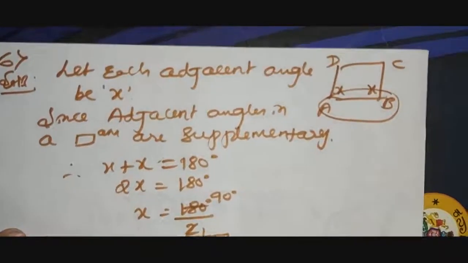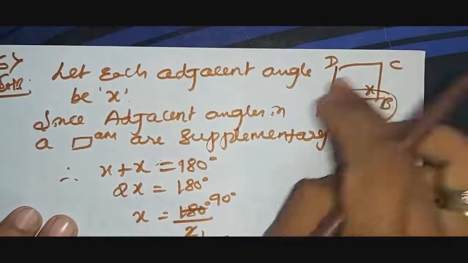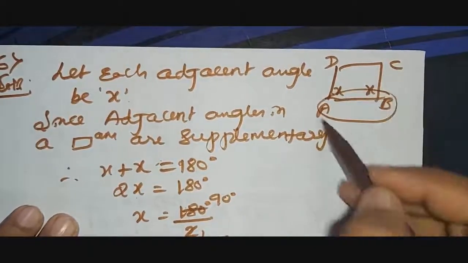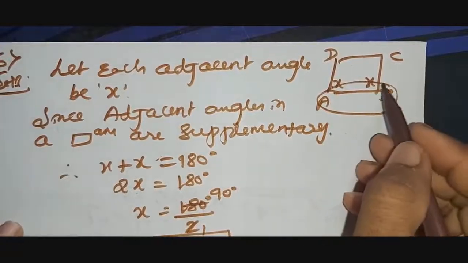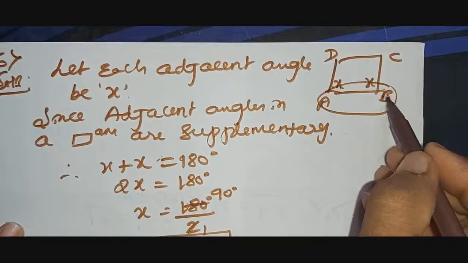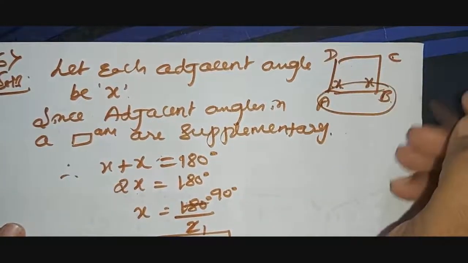See here, how many adjacent angles have they asked here? Two adjacent angles of a parallelogram are equal in measure. So find the measure of the angles of a parallelogram. In a parallelogram, opposite angles are equal. If x is equal to 90 degrees, then the adjacent angles will be 90 degrees. Angle A is 90 degrees, B also 90 degrees, even C also 90 degrees, because opposite angles of a parallelogram are equal.